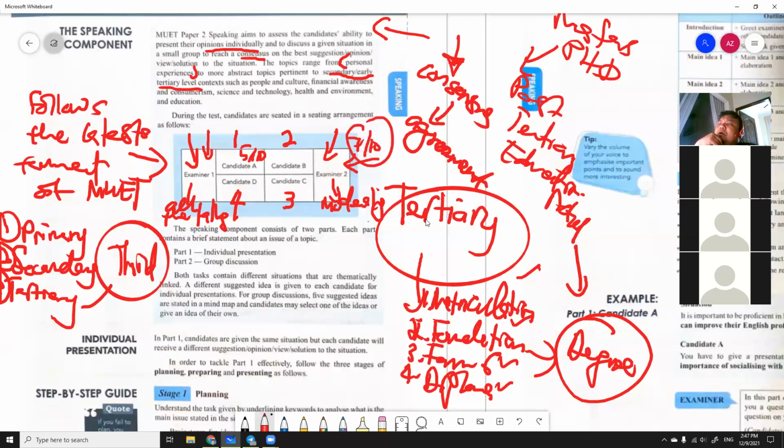Examiner 2 will be justifying or backing you up if you think examiner 1 may have overlooked some important notes, some important strength that you have come up with. But still, at the end of the day, examiner 1 will have the final say. Examiner 1 will be guiding you with this and that as well.